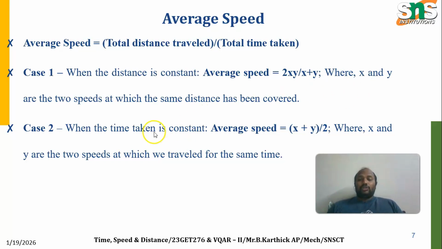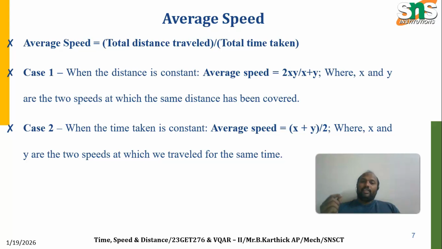In case 2, the time taken is constant. That means I am taking two speeds but traveling for the same time. For the previous example, for the first 3 kilometers I take 10 minutes, and for the remaining kilometers I also take 10 minutes.